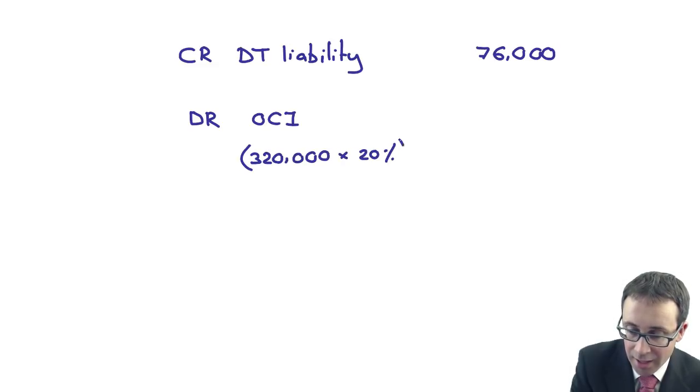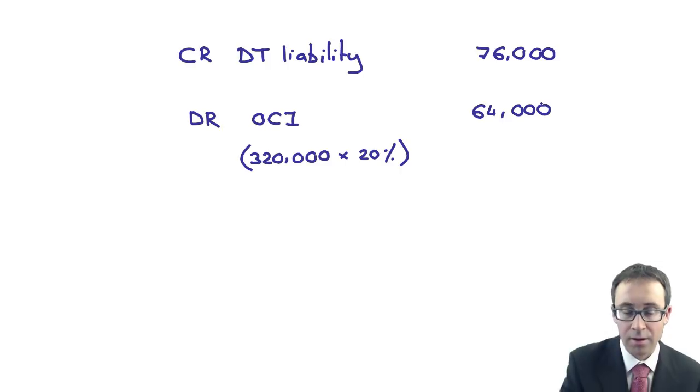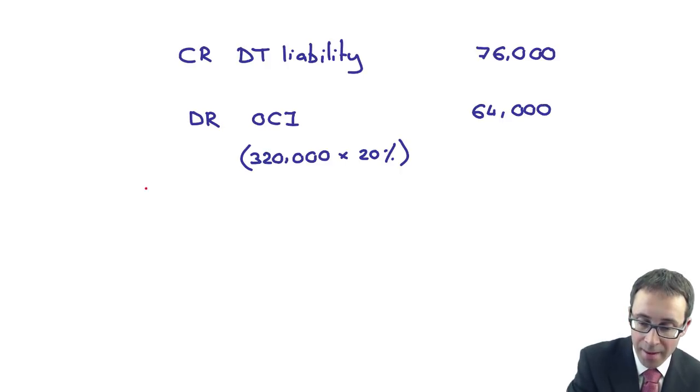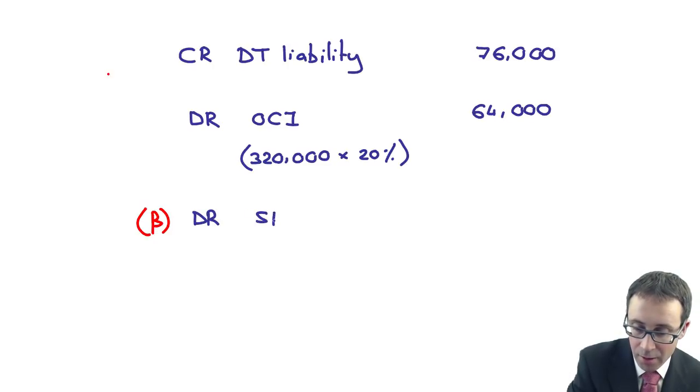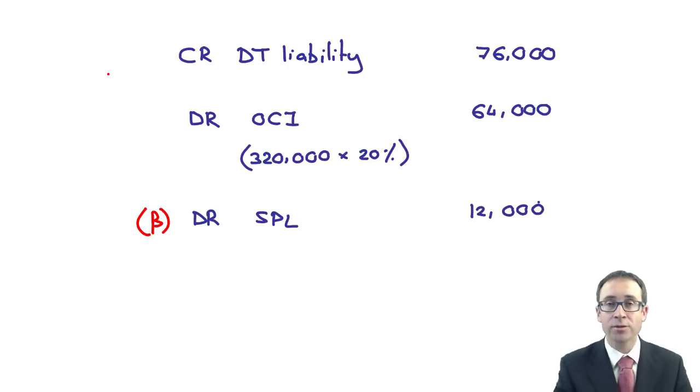We tax that at 20%. Does that give me 64,000? So when I go through there and then balance it up, the balancing figure that you have is a debit. That debit goes to the statement of profit or loss, and that there I think is 12,000.